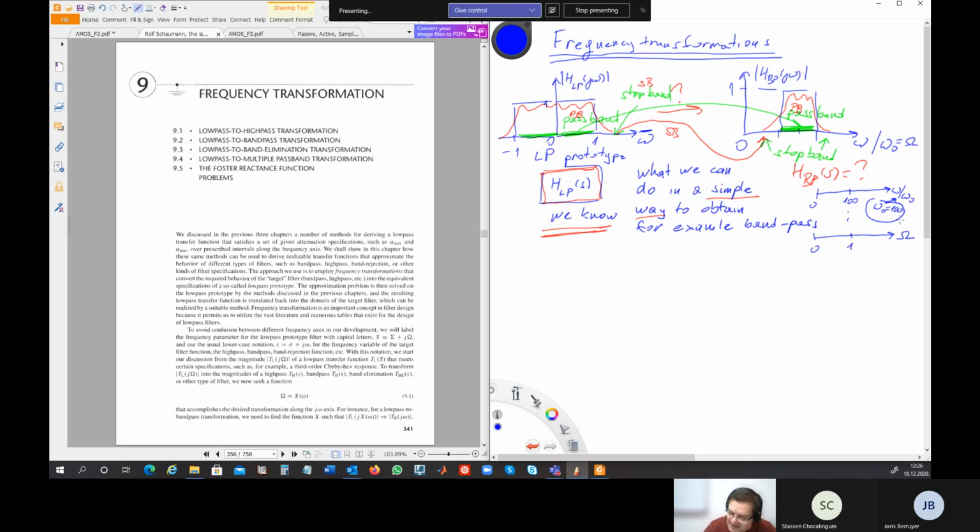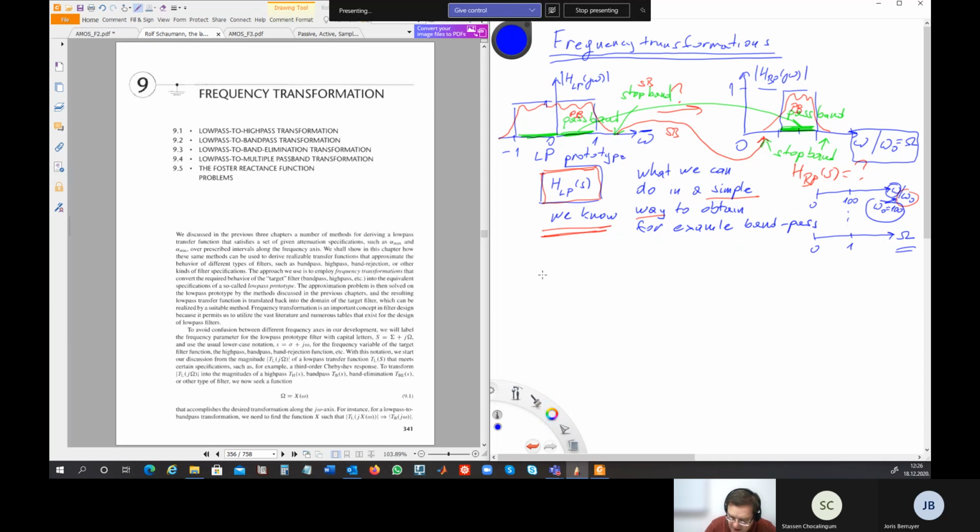So we can normalize if we divide all values of omega axis by some omega 0, and then we can replace it by capital omega, and this is called frequency axis normalization by omega 0. So this is something that is not new to us.